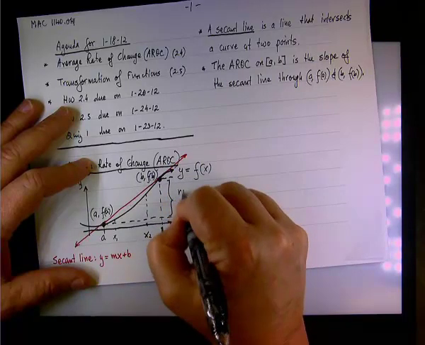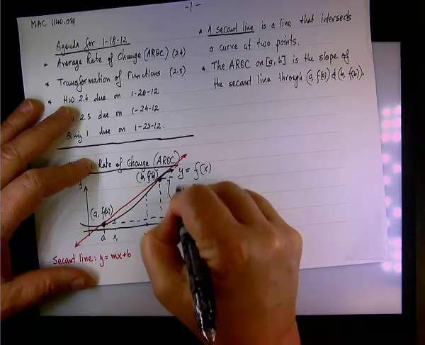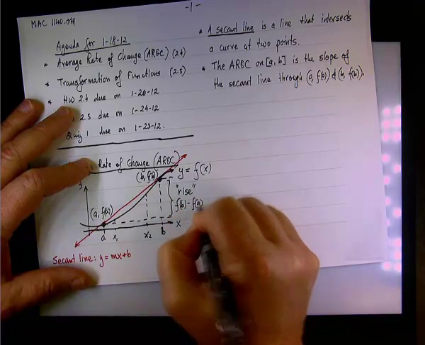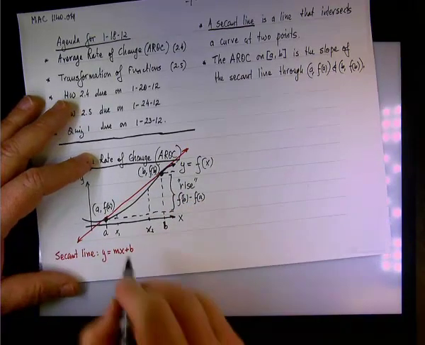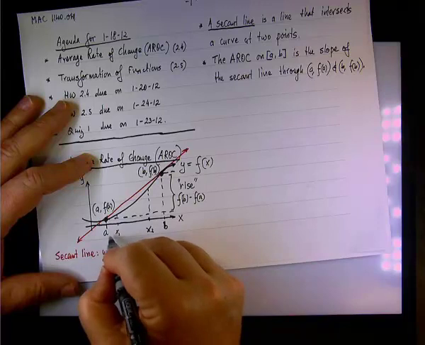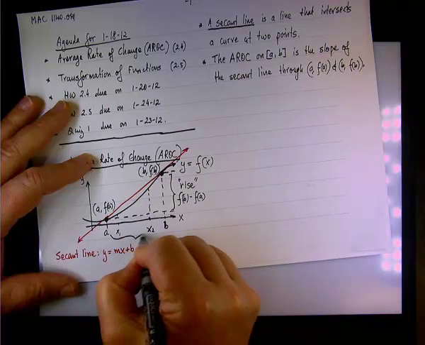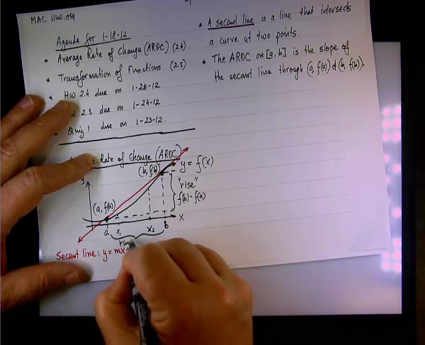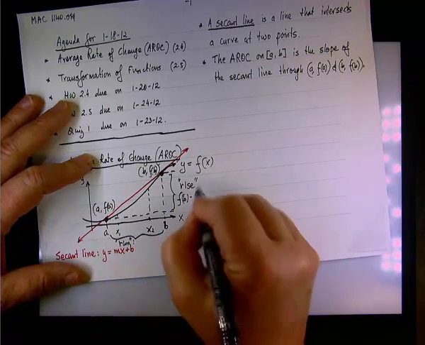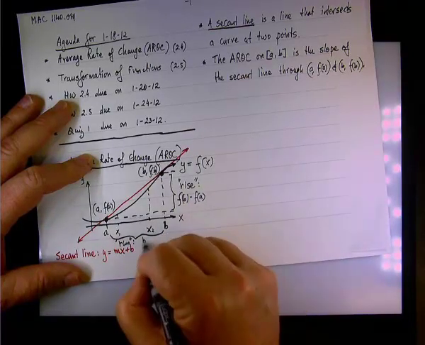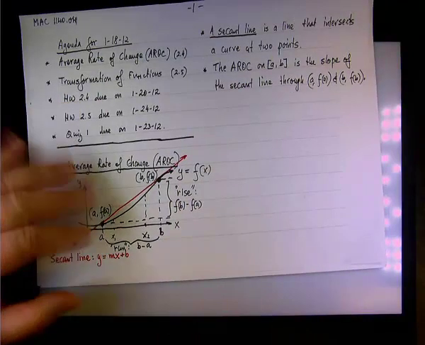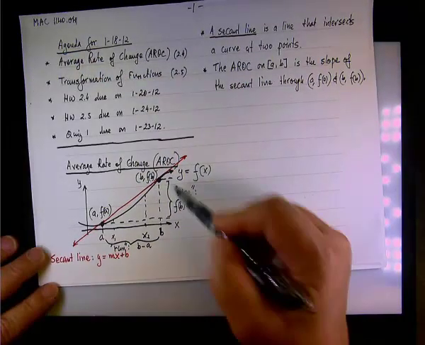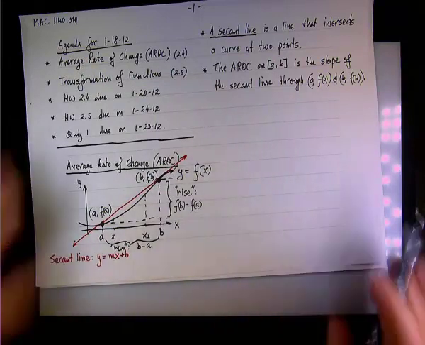So this is the rise, or F of B minus F of A. Same thing, the difference between B and A is the run, or the quantity B minus A. And we're looking at the rate of change as the ratio between the rise and the run.